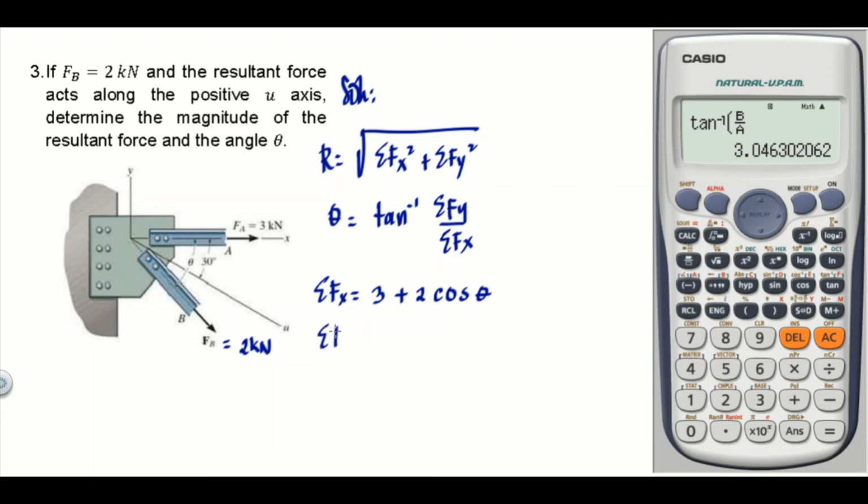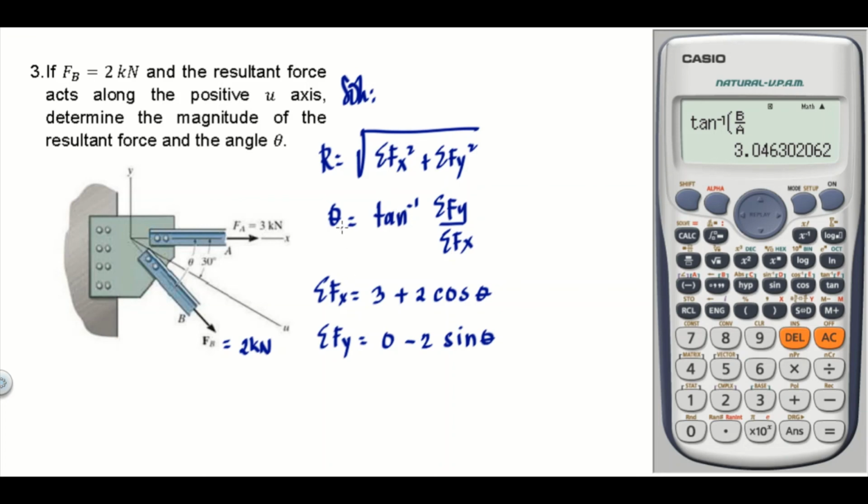Then, summation of forces along Y is equal to, so itong FA, wala itong Y component, 0. Then, yung FB is pababa, no? So, minus 2 sine theta. Okay? Yan. O, what else?